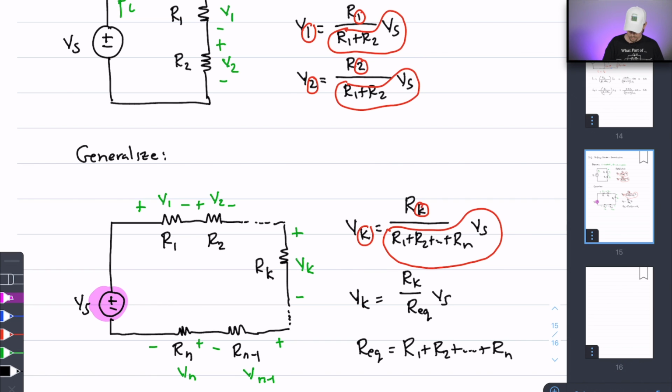These two formulas right here are our results. And one of the things that you will see as we progress through our circuit analysis is that they will become extremely useful as we move along.